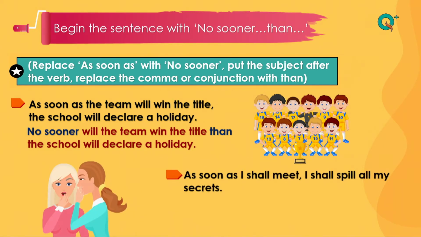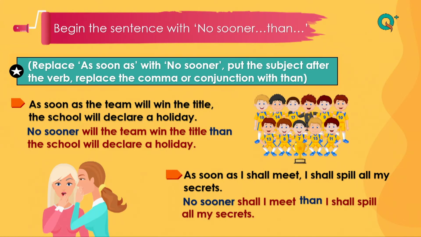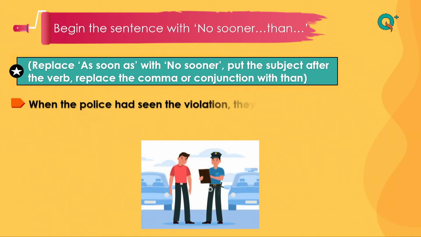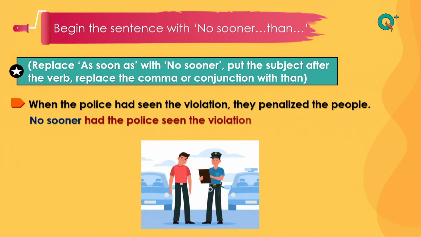As soon as I shall meet, I shall spill all my secrets. No sooner shall I meet than I shall spill all my secrets. When the police had seen the violation, they penalized the people. So no sooner had the police seen the violation than they penalized the people.